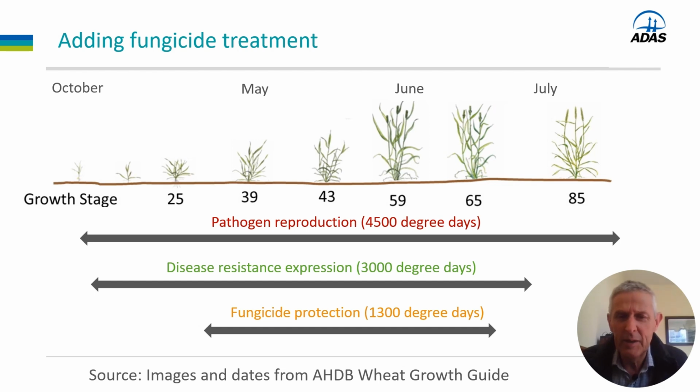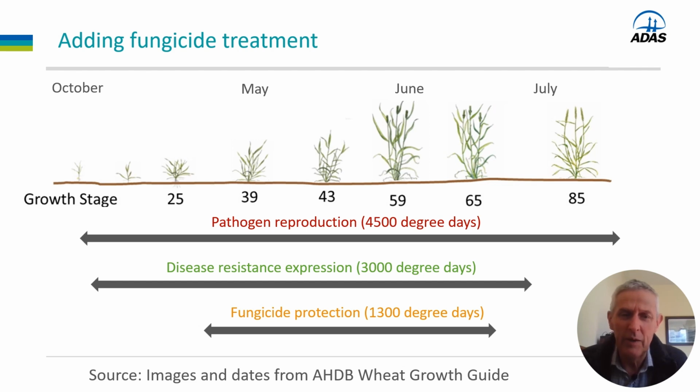But the fungicide protection that we typically apply might start somewhere around growth stage 31 at first node and extend through to, say, 3 weeks after the last spray, which is typically sometime around ear emergence. Now, when we account for the fact that the rate of pathogen reproduction is dependent on temperature, we need to look at this in terms of thermal time.